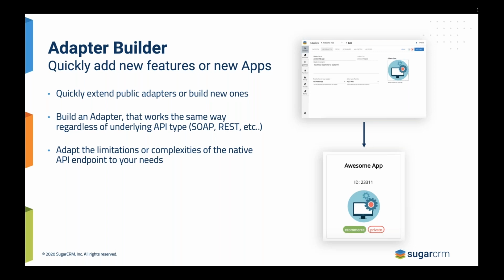Well, Adapter Builder is able to work with those different types of underlying APIs and surface those in a consistent way. So it allows you to adapt to the limitations or the complexities of the actual API endpoint and surface those as common features or normalized features that you can take advantage of when you're building integrations.